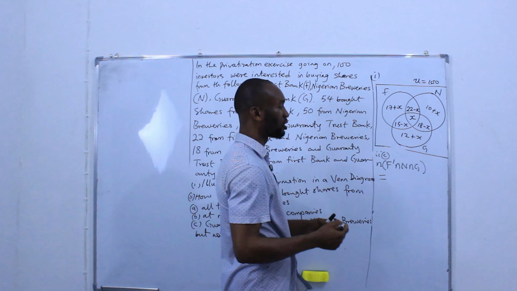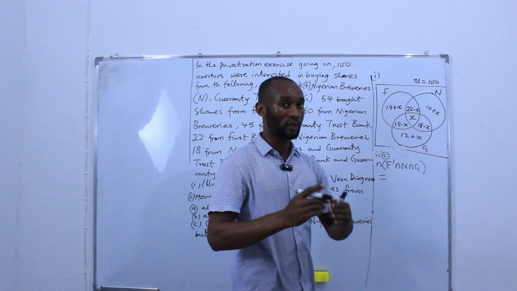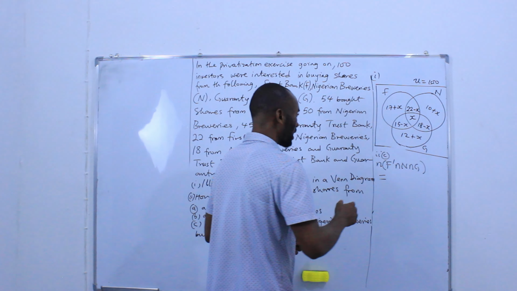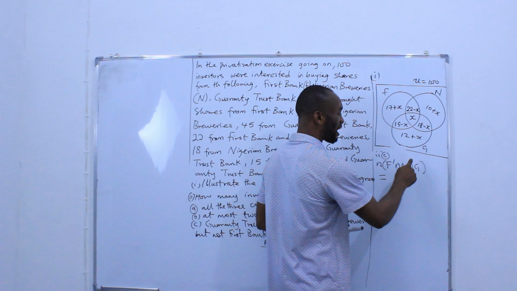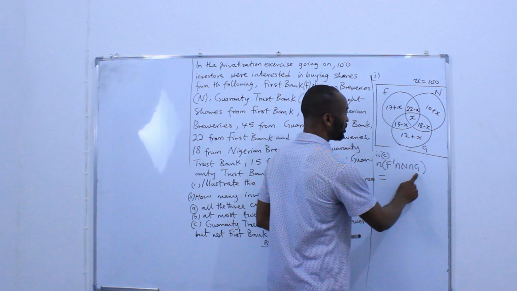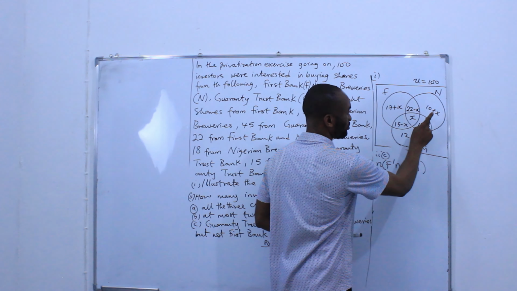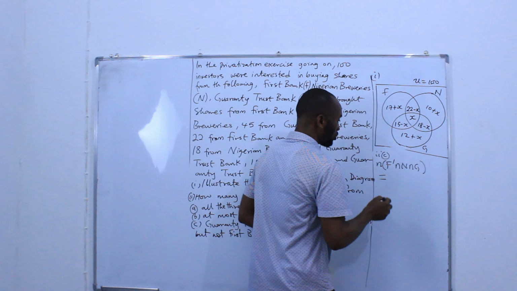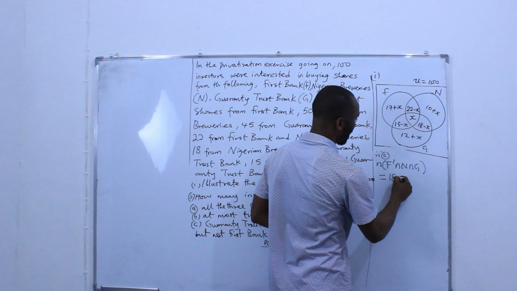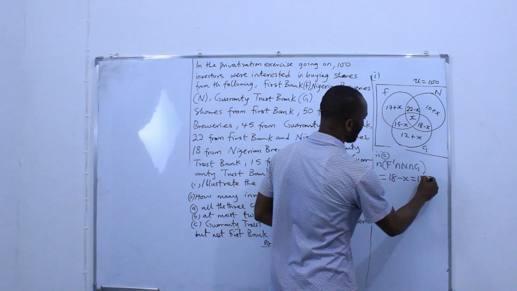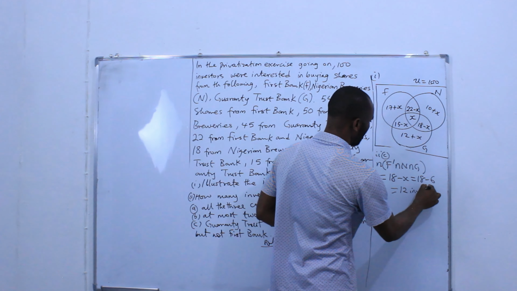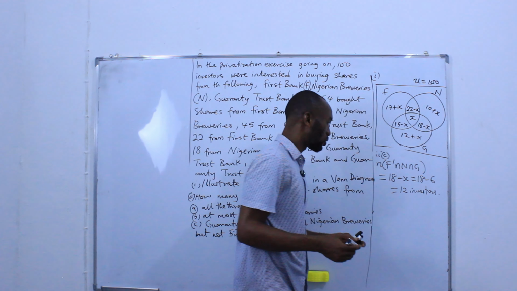That is set notation. The complement is on F, showing that they did not buy from First Bank. And the portion that represents this is where we have an overlap between Nigerian Breweries and Guarantee Trust Bank. That is here, and no overlap on F. So the answer is 18 minus X, which is 18 minus 6, and that is 12 investors. So that's that.